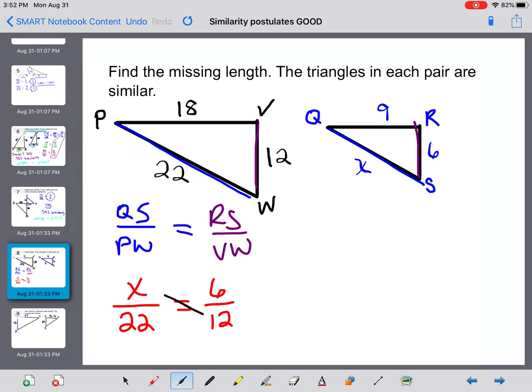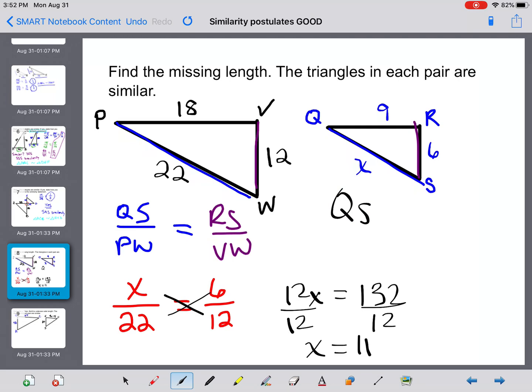So if we solve this, we've got 12 times X. That would be 12X equals 22 times 6, which is 132. We can divide by 12 on both sides. We get X would equal 11. So QS is equal to 11.